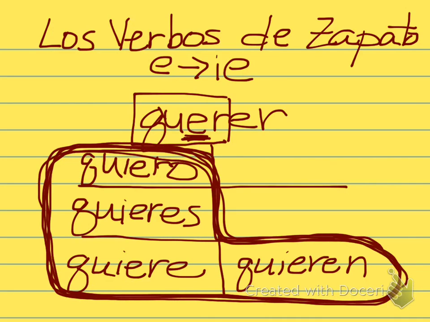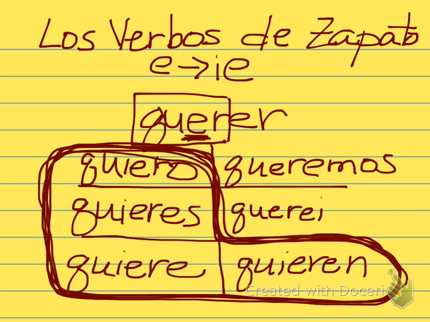En la forma de nosotros y vosotros no cambian. It doesn't change. Queremos, we want. And queréis, y'all want. Okay? Los verbos de zapato en E to IE only change in the shoe. All right.